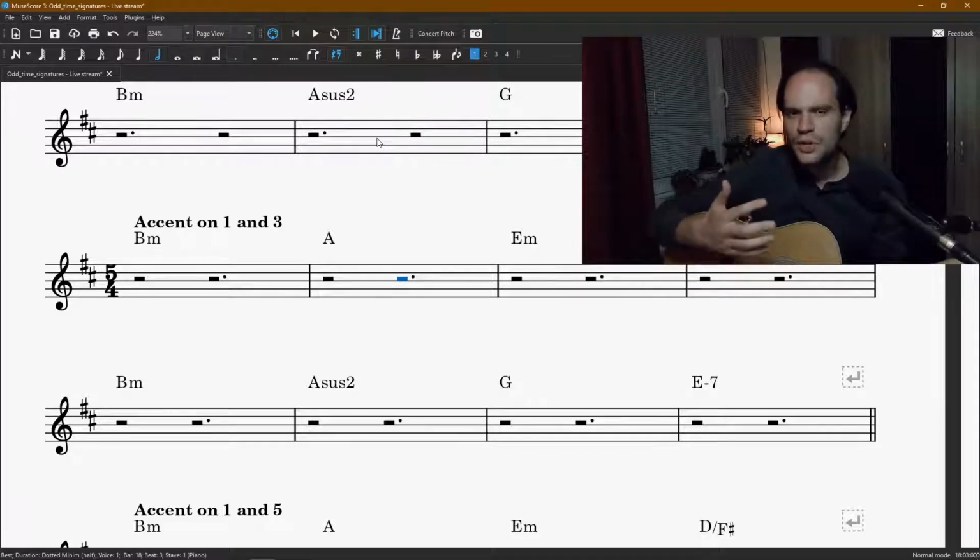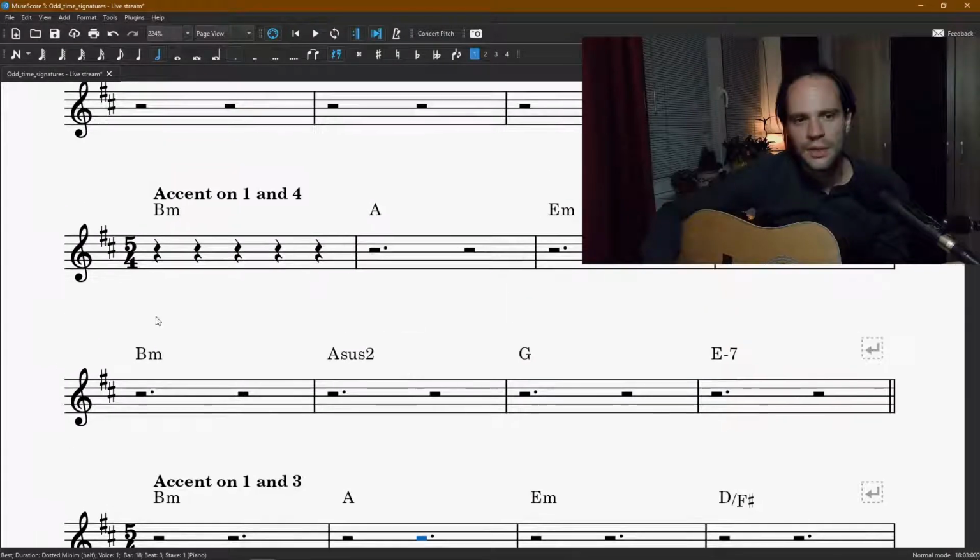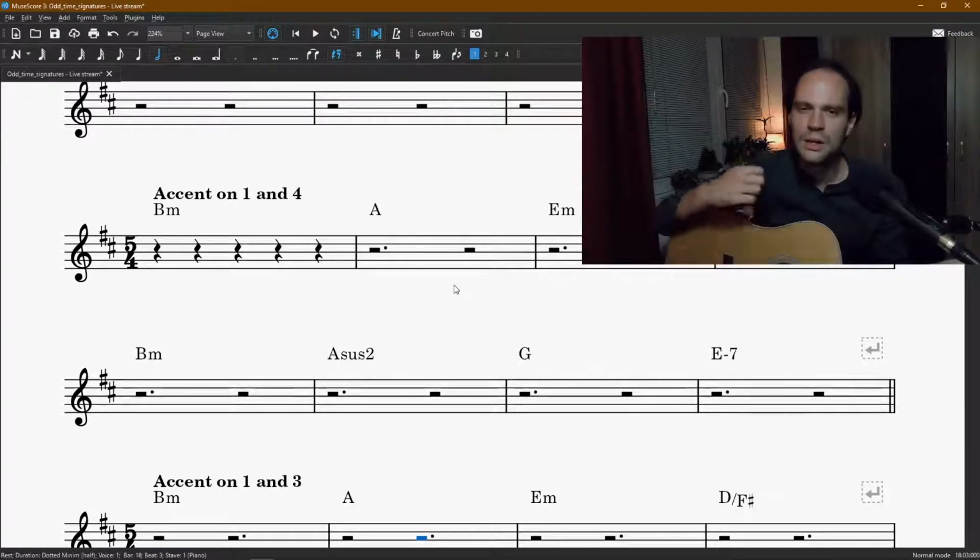Because you're always dealing with odd time signatures, you're always dealing with an equal group, and after that an odd group. So if I start again with my first example, with the 3 beats and then the 2 beats, the 3 beats is longer, and then the 2 beats feel like they're cut off.